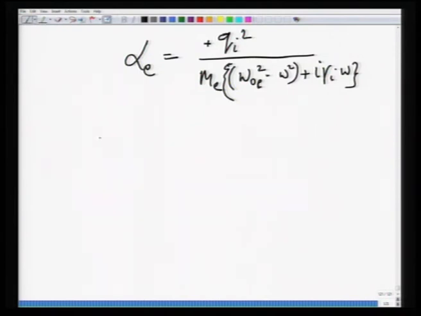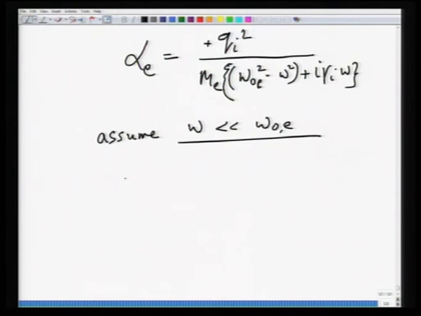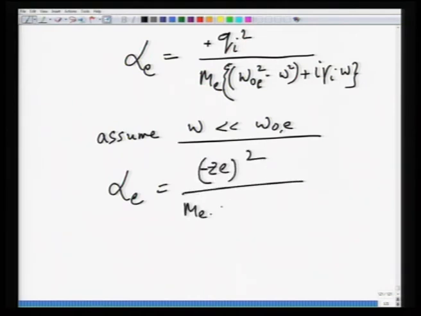Now, let us assume omega is significantly smaller than omega naught E. As a result, alpha E will become, and Q will be equal to ZE, minus ZE square divided by ME into omega naught E square.